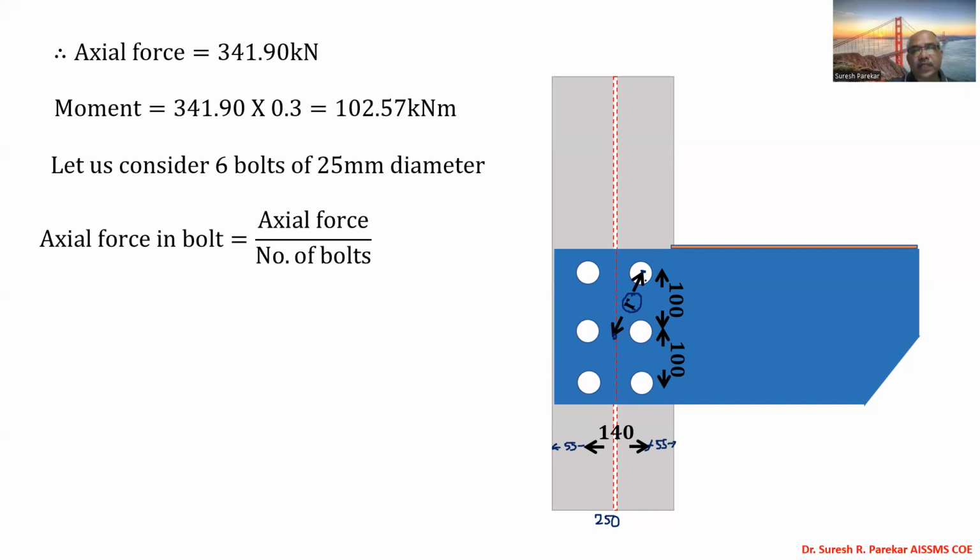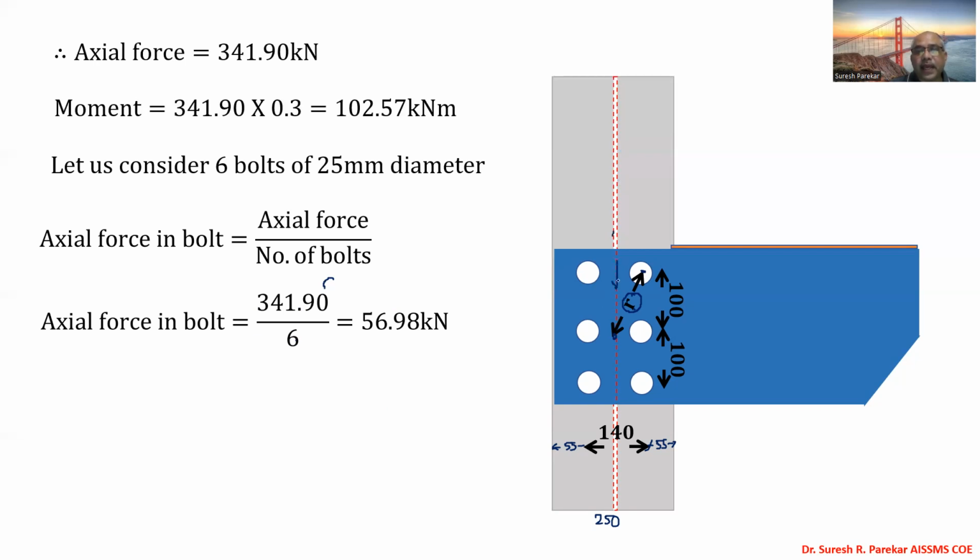Then we have two forces in the bolt: one due to axial force, where the axial force in bolt equals the axial force divided by the number of bolts. This means we are going to design for two.